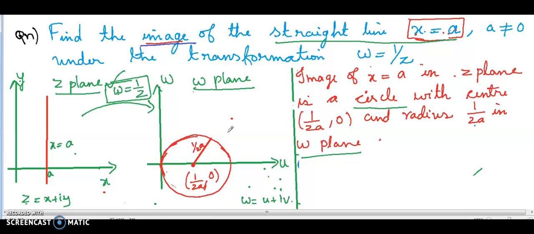The center of the circle is 1 by 2a comma 0, so this distance is 1 by 2a. Also the radius of the circle is 1 by 2a, the distance from the center to the circumference. So this is the graphical representation. This gives the solution, that is, the image of the given straight line using the transformation w equal to 1 by z.